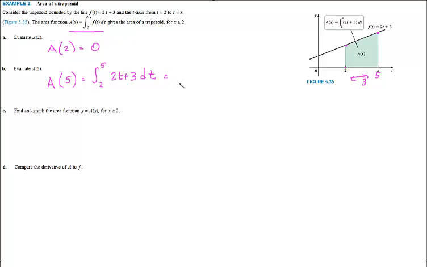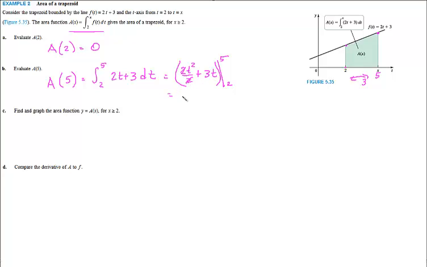I'm going to use my integral. I'm going to do the antiderivative, so this would be 2t squared over 2 plus 3t. I'm going to evaluate that from 5 to 2. This cancels.